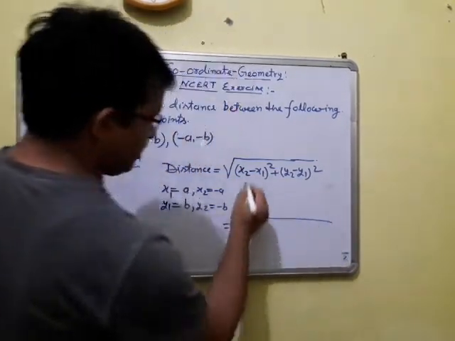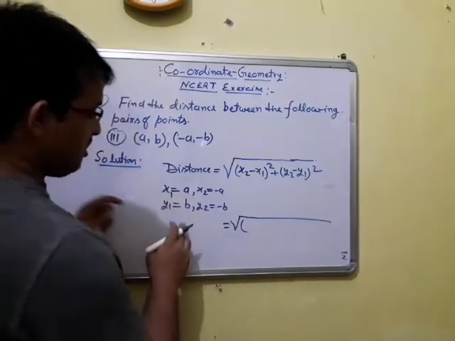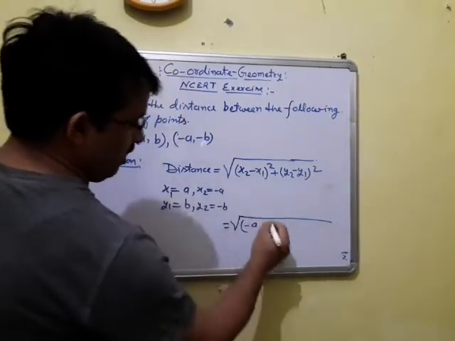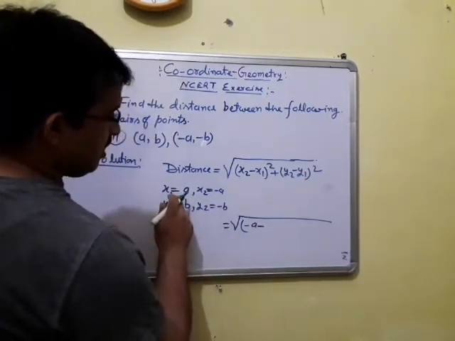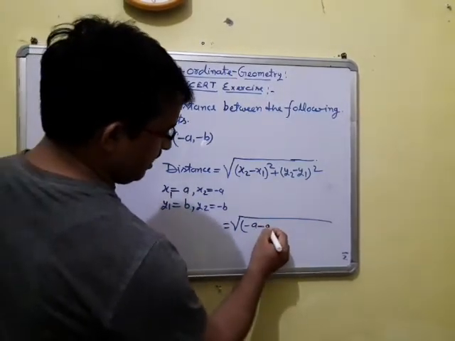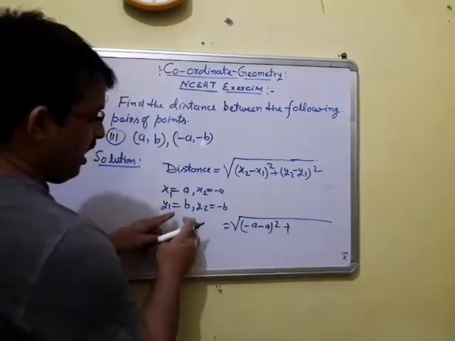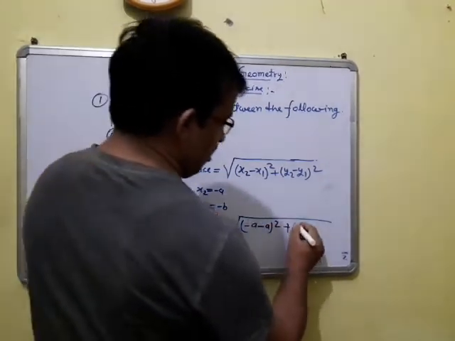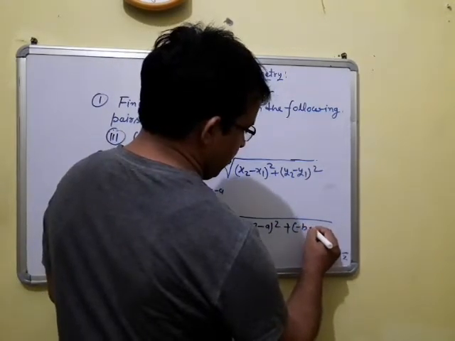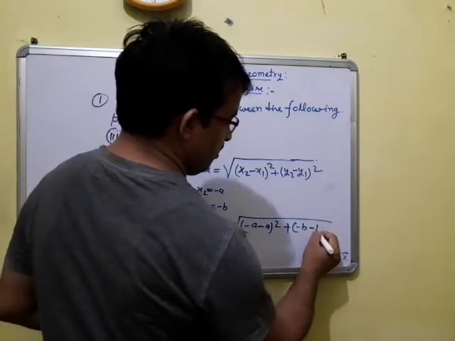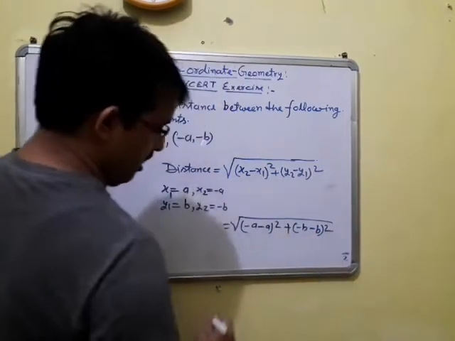Now put these values in the equation. x2 is minus a and x1 is a, so minus a minus a whole square, plus y2 is minus b and y1 is b, whole square. So what do we get?